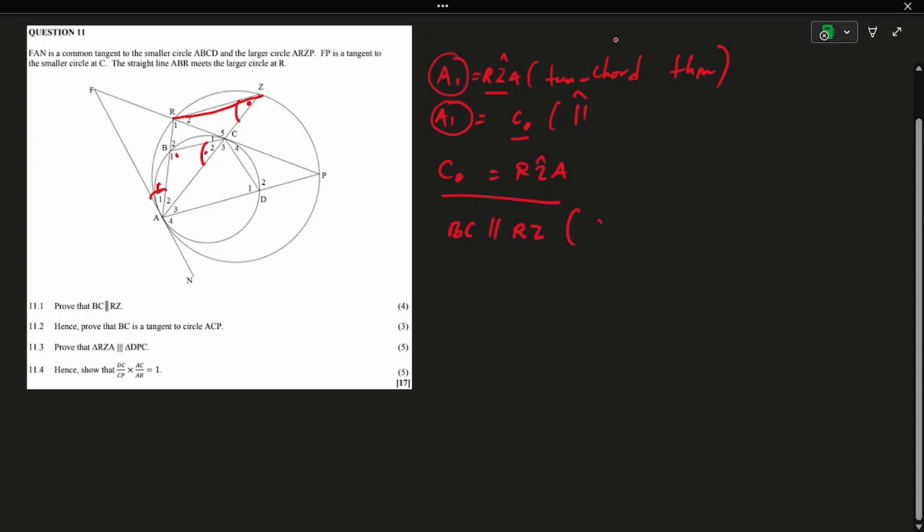Because C2 is corresponding to RZA. So we can say BC is parallel to RZ because of corresponding angles. We've proved that BC is parallel to RZ like that.